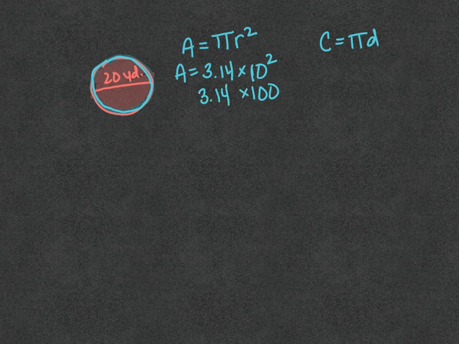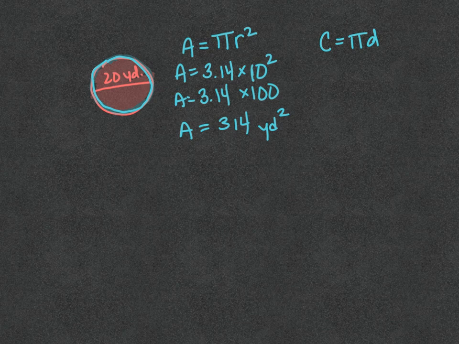Multiply that by 3.14. Nice. I don't even need my calculator. Multiplying by 100, that's going to be 314. Move the decimal twice, one for each zero. 314 yards squared, because we did radius in yards times radius in yards. So yards squared. Areas are always in units squared.